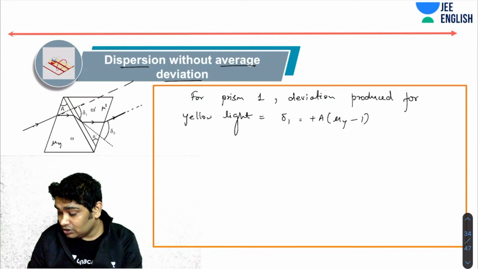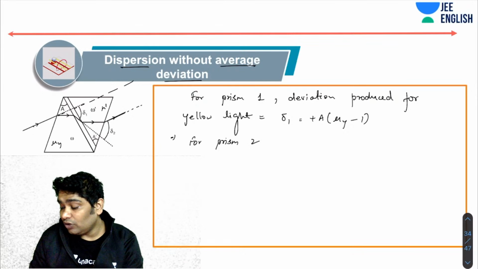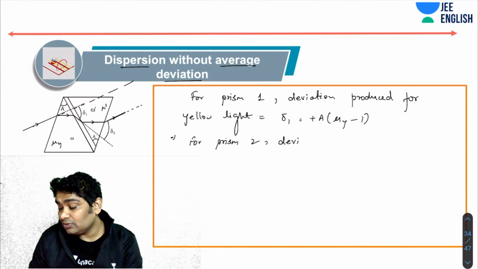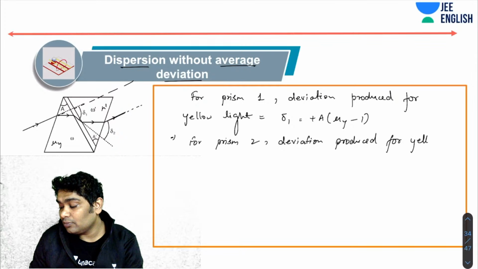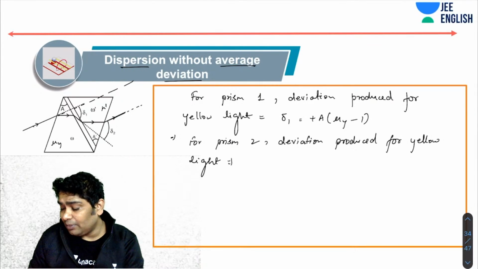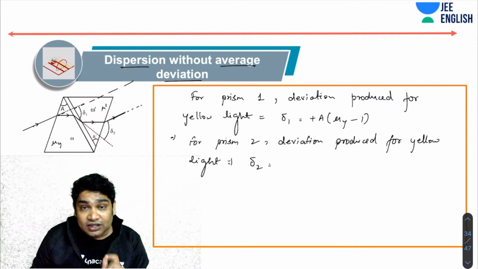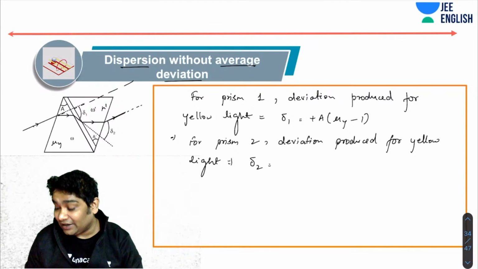Okay. Similarly, for prism 2, the deviation produced for yellow light will be equal to, again applying the same formula, however, since this one is inverted, the deviation produced by the second prism would be negative.